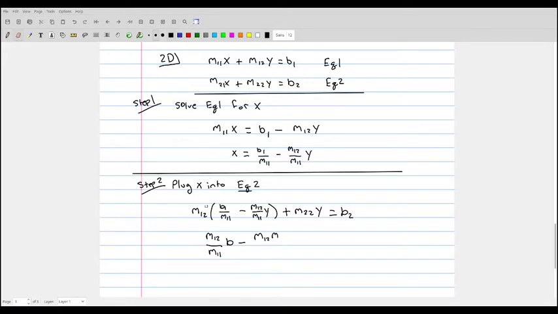So this should be m21 right here, and m21 right here as well. This is m12 times m21 over m11 times y plus m22 times y is equal to b2.